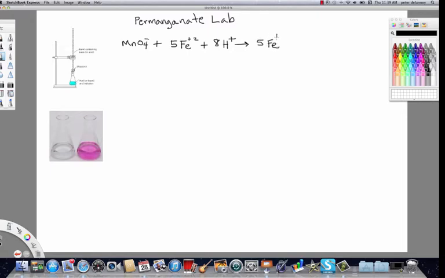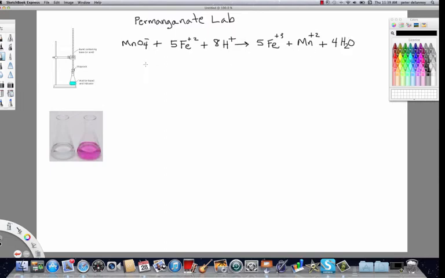What I'm going to do here is just write the equation down at the top of the screen, and we're going to now utilize this reaction and this equation from a practical point of view. So here's the balanced net ionic equation.